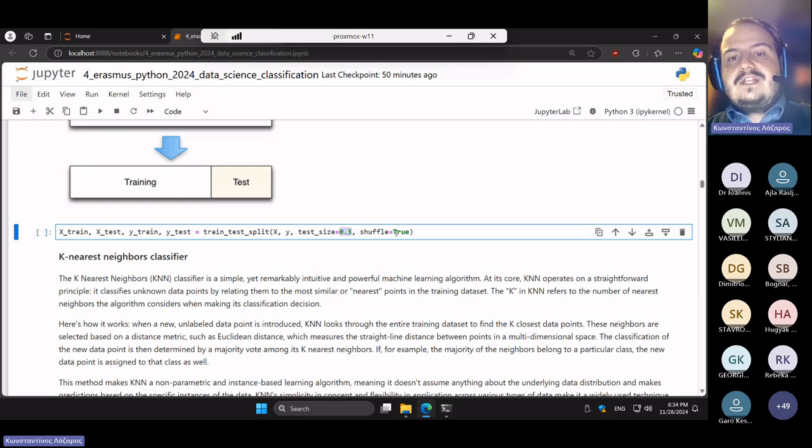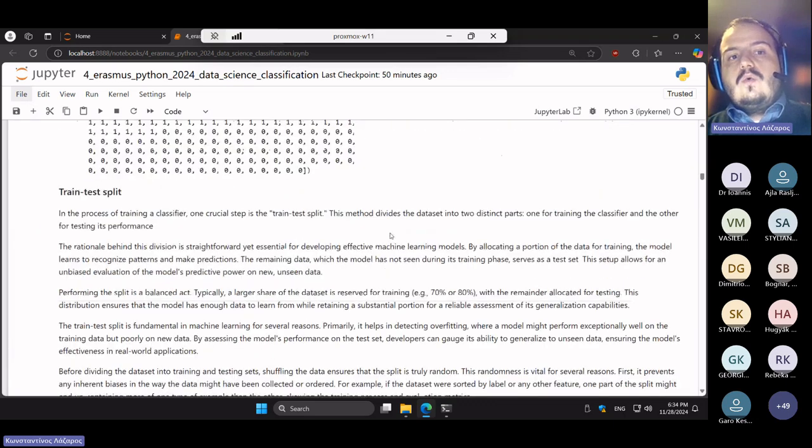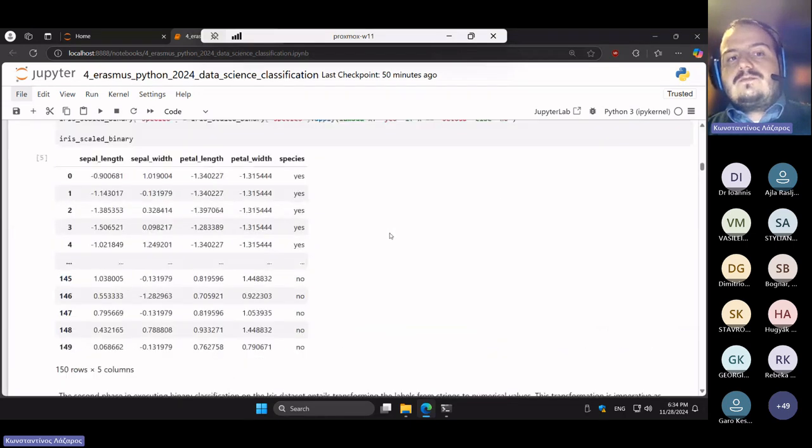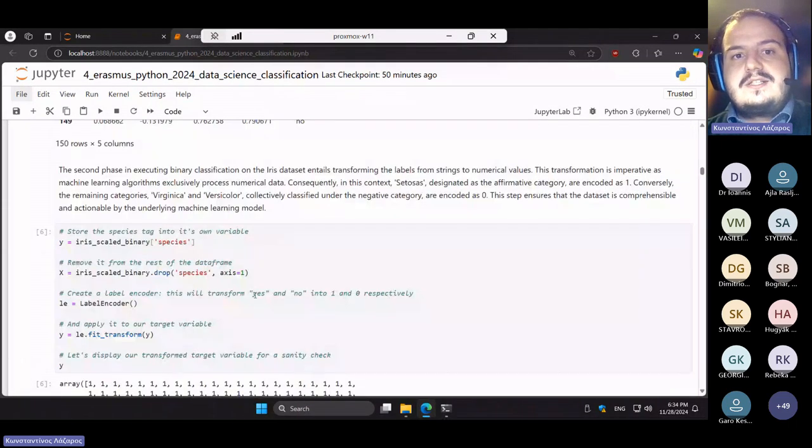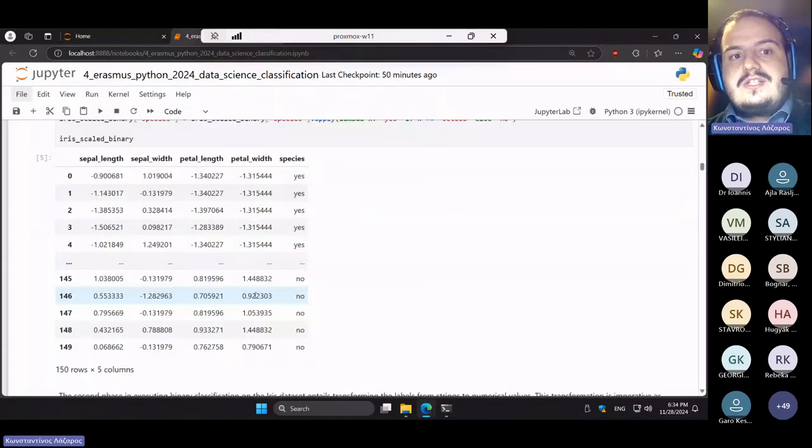And then we also have this parameter here, which is shuffle equals true. So why do we actually use this parameter? What does it mean for us? It means that when we separate our data set into the training and testing subsets, this separation is going to happen randomly. In other words, it's not going to take the first n samples and place them in the training set and then the rest into the test set, in a sequential manner.